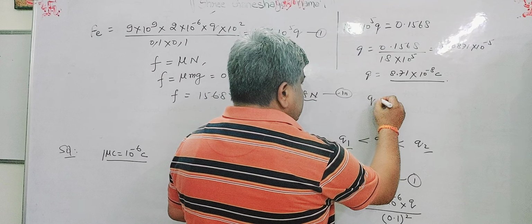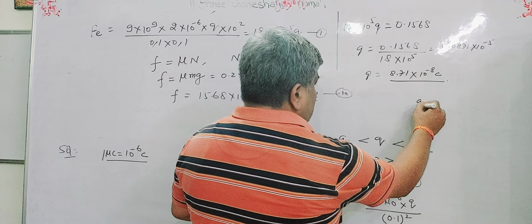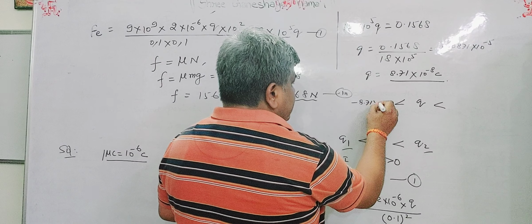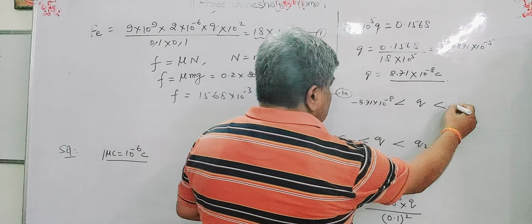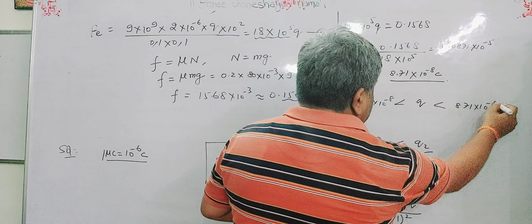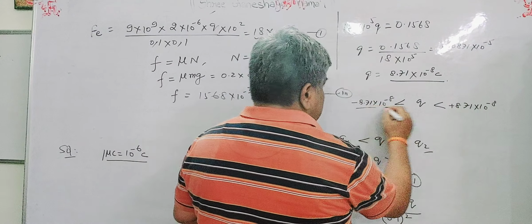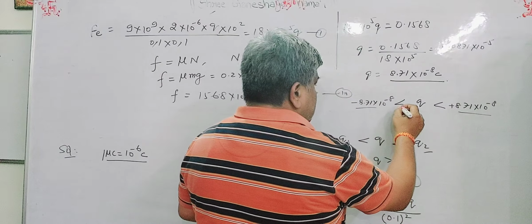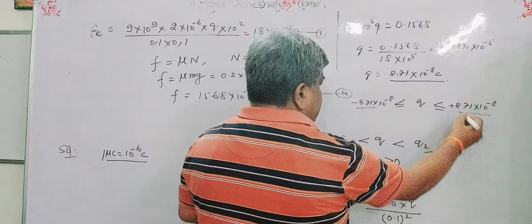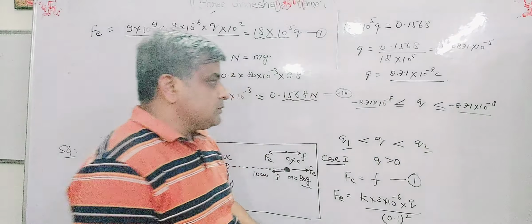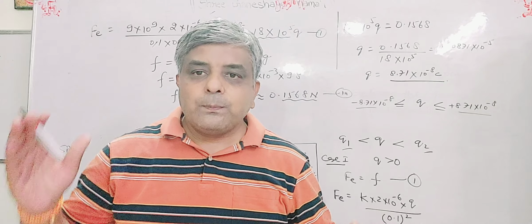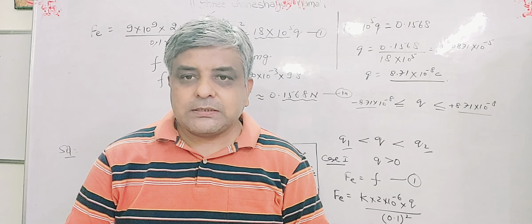For the range, you can see that Q lies between negative 8.71 into 10 to the power minus 8 to positive 8.71 into 10 to the power minus 8. You can also put an equal sign here. So the range is minus 8.71 into 10 to the power minus 8 to plus 8.71 into 10 to the power minus 8.